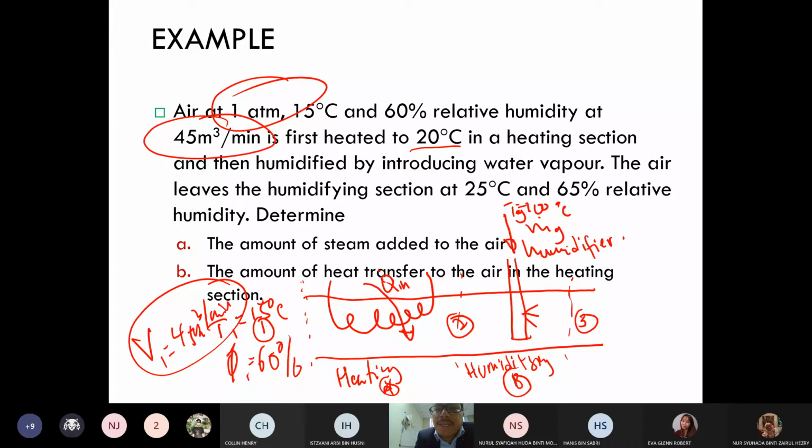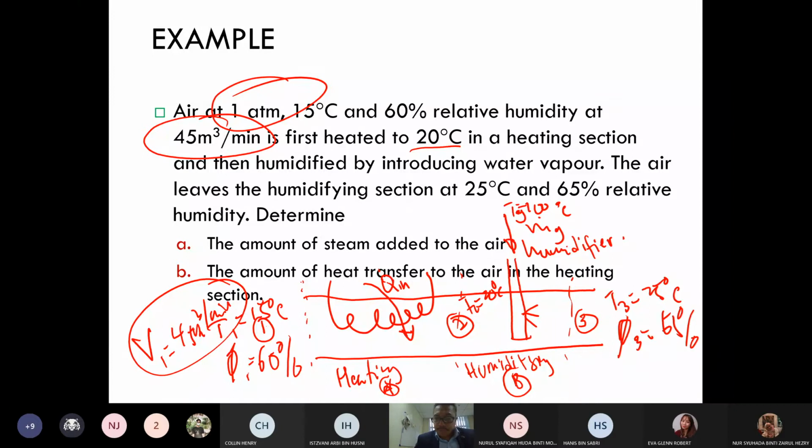Then it's heated to 20 degrees Celsius in the heating section, so T2 is equal to 20 degrees Celsius. Then it is humidified by introducing water vapor. The air leaves the humidifying section at 25 degrees Celsius and 65%, so T3 equals 25 degrees Celsius and relative humidity 65%. That's all the information that we have, and then you have to draw the schematic diagram.